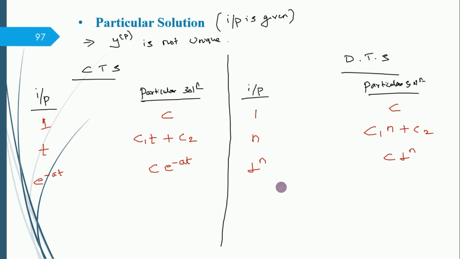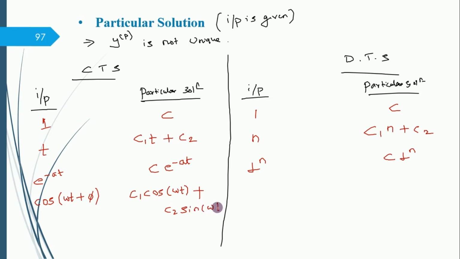If the input is of the form cos of omega t plus phi, and even if it is sine, the particular solution is of the form C1 cos omega t plus C2 sin omega t.